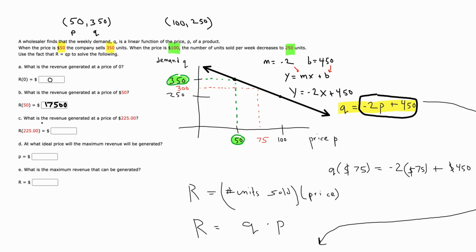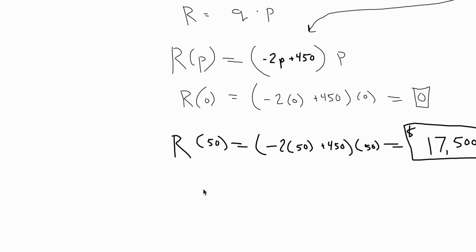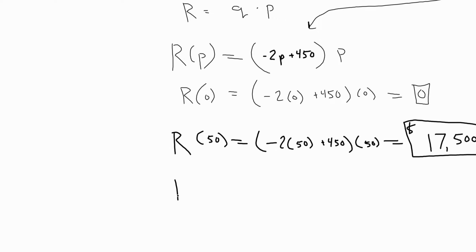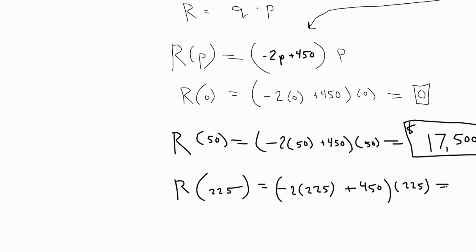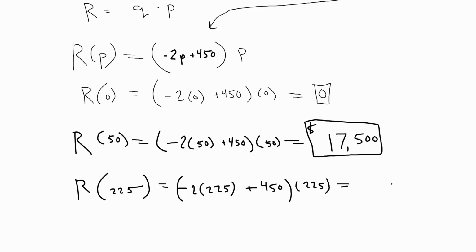Now they're asking us, what is the revenue generated if the price were to be $225 according to the model? Okay, so now we'll find R of 225. I get a revenue of 0.